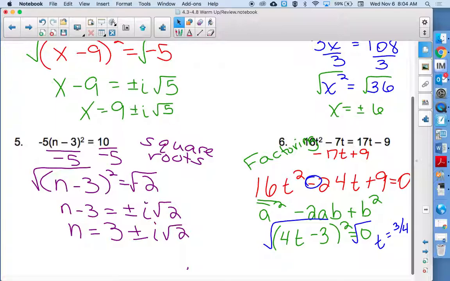So the first 4 problems determine the best method used to solve and explain why. But you don't actually have to solve those first 4 problems. You're just choosing a method and explaining why you're choosing that method. And then the next group of problems is where you're solving those problems.